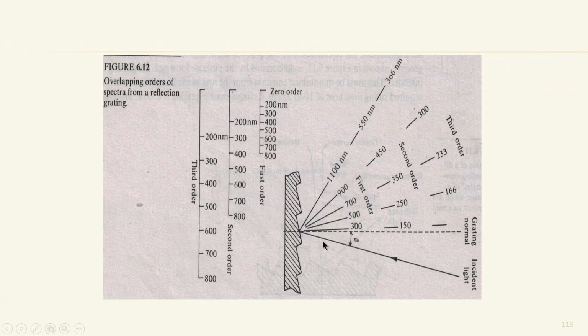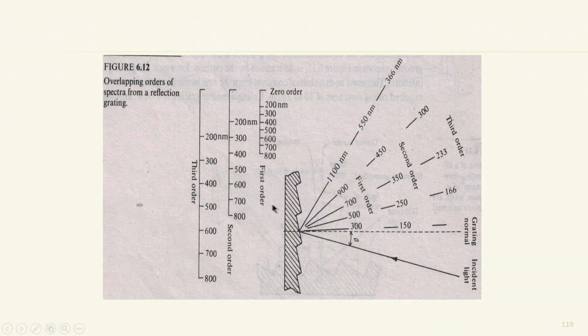That means, if I rotate this grating slowly from the vertical position, first I can get 300 nanometers, then 500 nanometers if I rotate it more, and then slightly more rotation. If I change this angle, I will get 700, then 900, 1100. That means, right from 300 to 1100 nanometers I can get by rotating the grating.